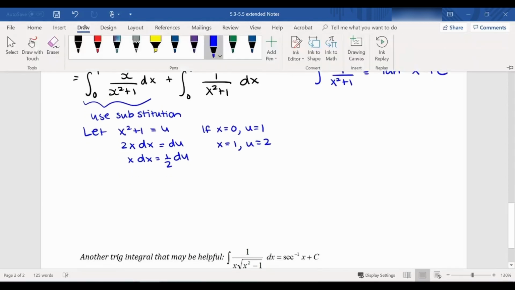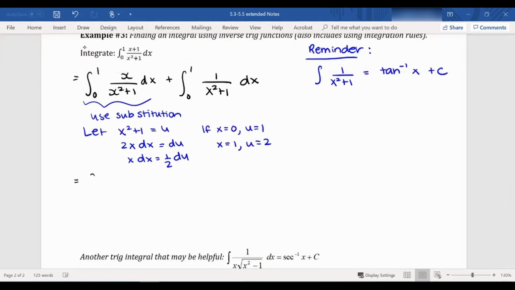So what that means is I now have a new integral from 1 to 2 of 1/2 times 1 over u du, plus the integral from 0 to 1 of 1 over x squared plus 1 dx.